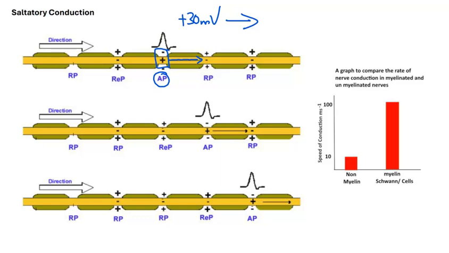However, there will be no depolarization of the membrane where there's a Schwann cell, because this is insulating the axon from the external tissue fluid. So the only next location at which depolarization can occur is at the next node of Ranvier.